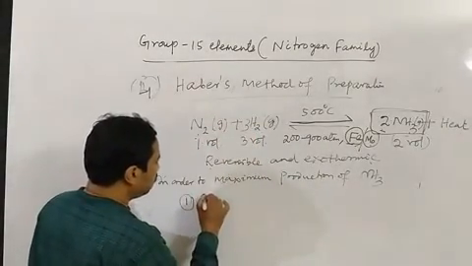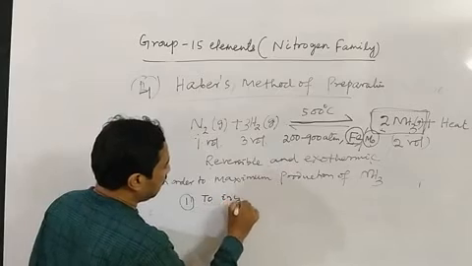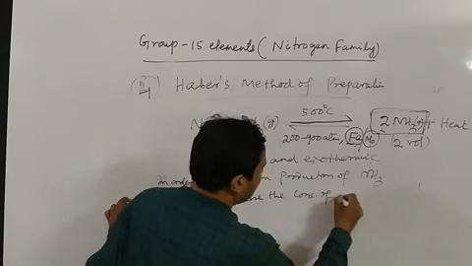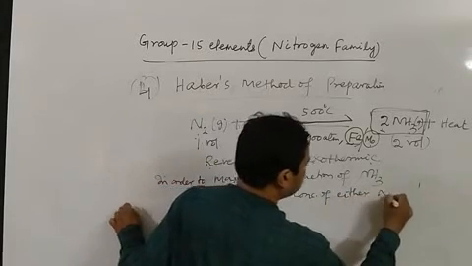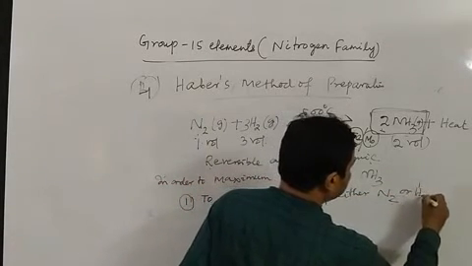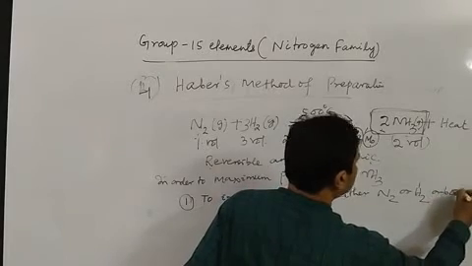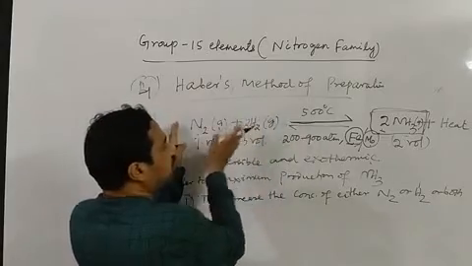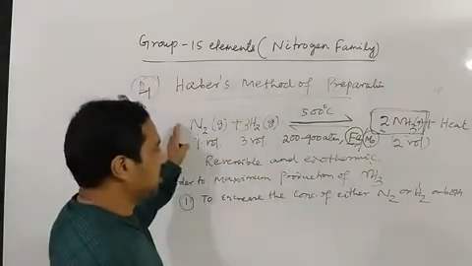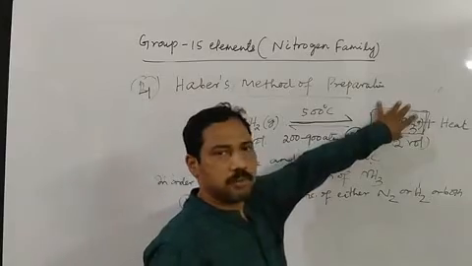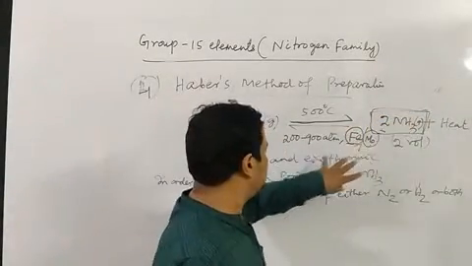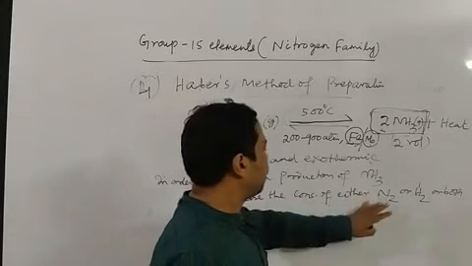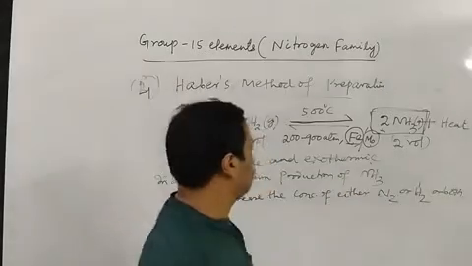That means to increase the concentration of either nitrogen or hydrogen or both. If the concentration of a reactant is increased, the reaction favors the forward direction. In the forward direction, ammonia is formed. So to get maximum production of ammonia, we have to increase the concentration of nitrogen or hydrogen or both.